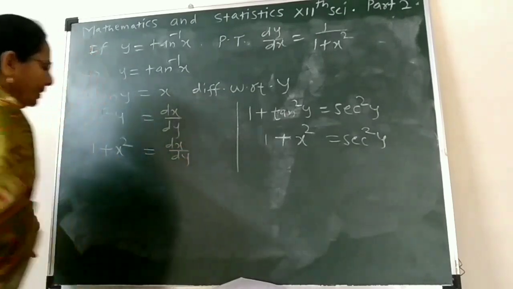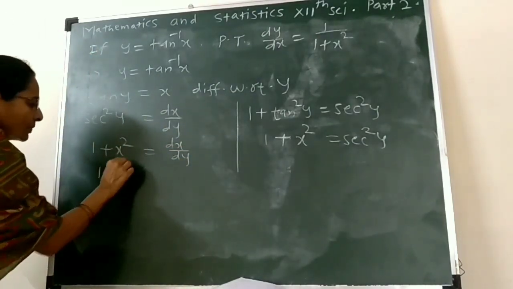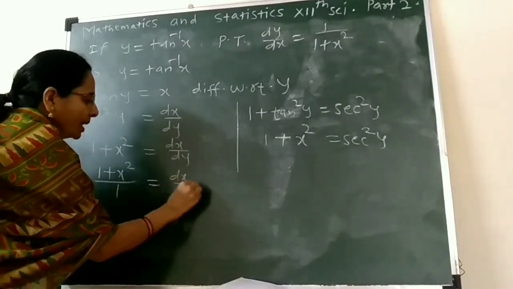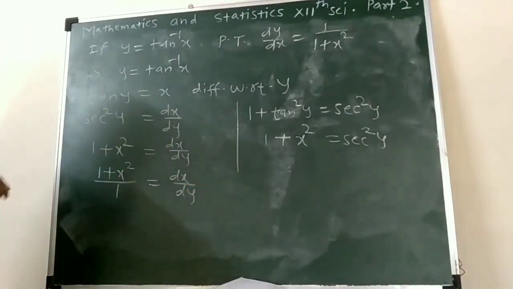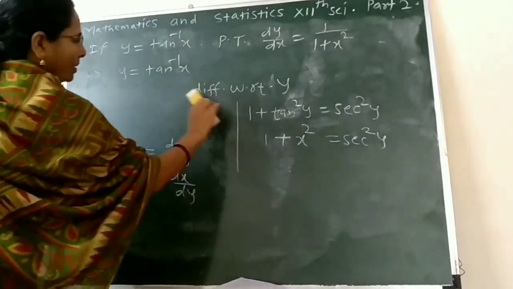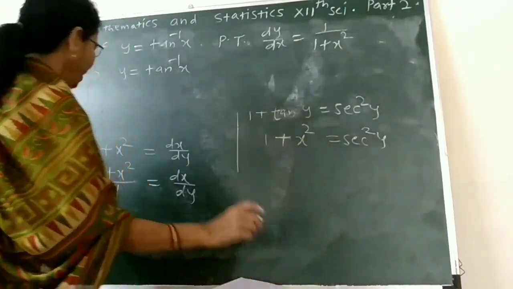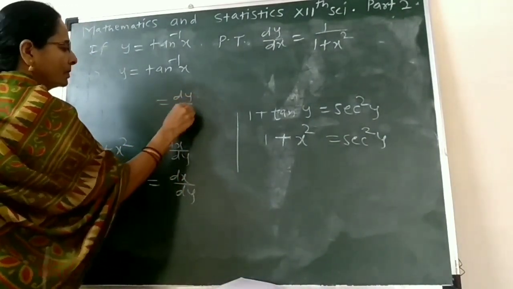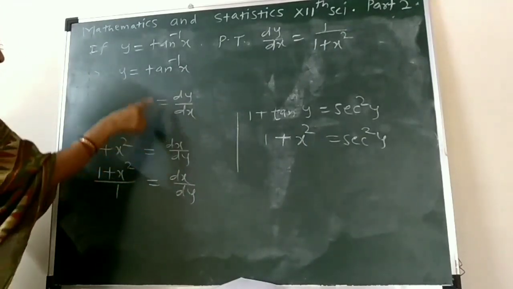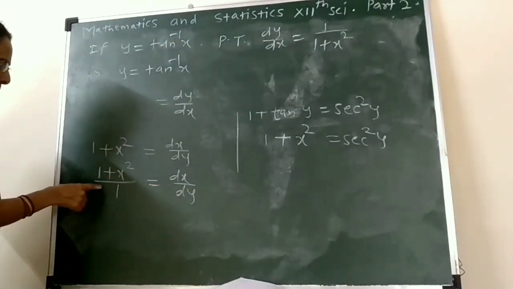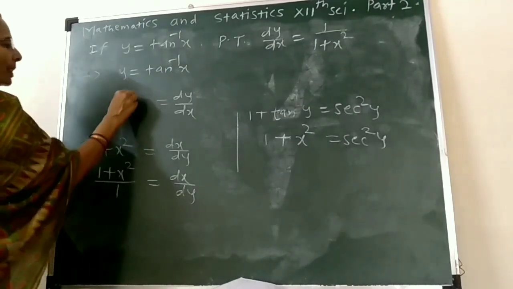So dx by dy is 1 plus x square. We require dy by dx, that means take the inverse of this, which is 1 upon 1 plus x square.